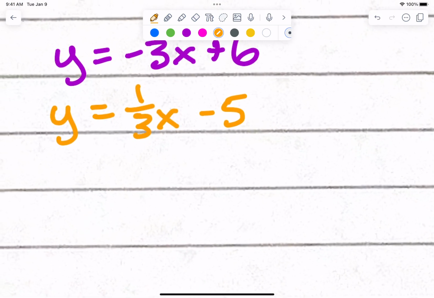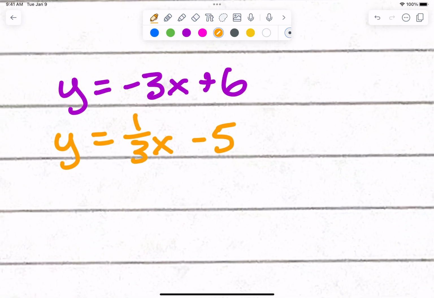Now, do you want to substitute or eliminate? Would you like to eliminate x or y? You want to eliminate x? Let's do x, because I don't want to deal with fractions.